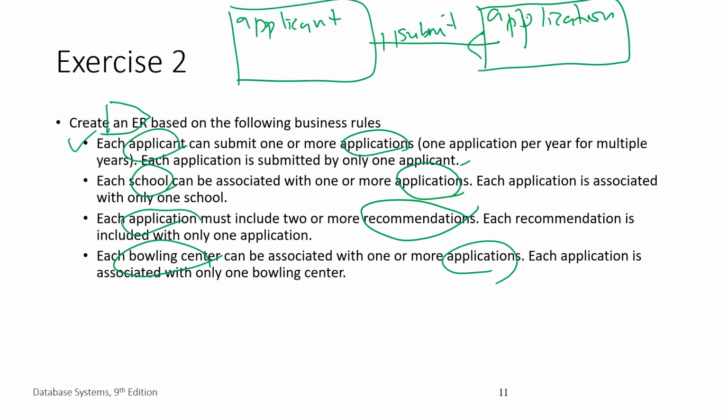So the first one has been done. Then second, each school and application. We have another entity, school. Each school can be associated with one or more applications.